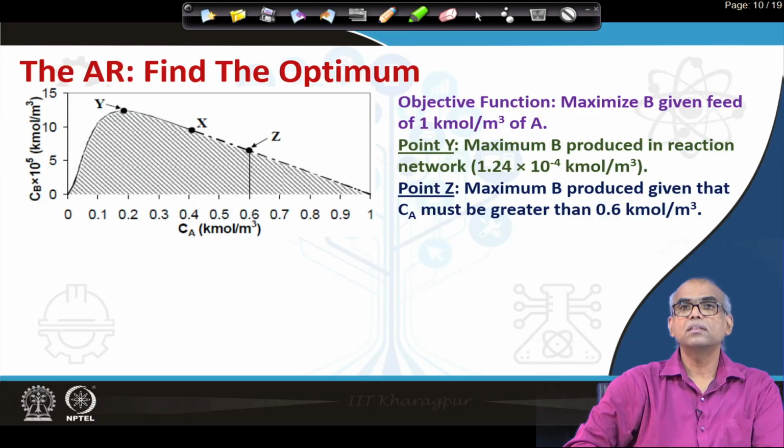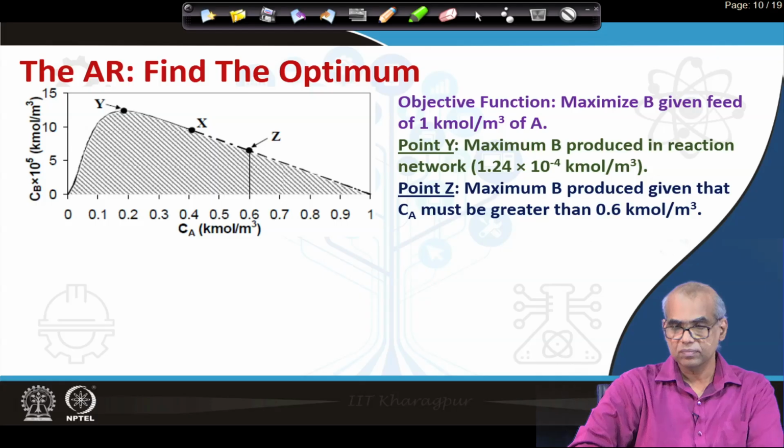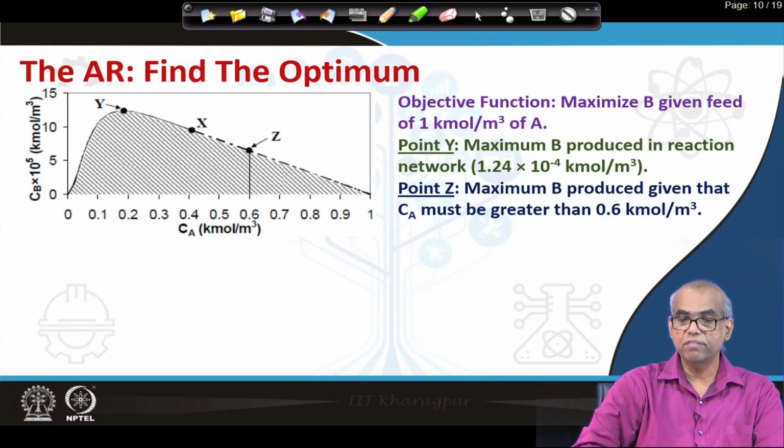Now, let us look at the optimization part of it. My objective is to maximize B given a feed of 1 kilomole per meter cube of A in this particular case. Clearly, from the figure we see that point Y represents the maximum B produced in the reaction network.